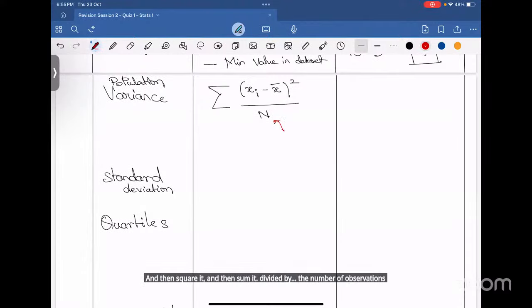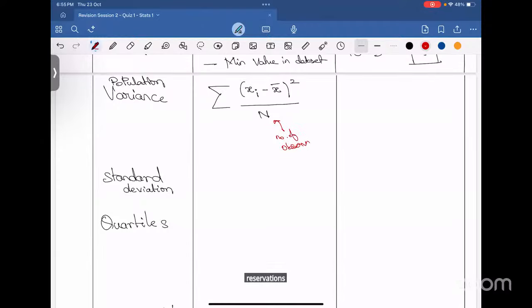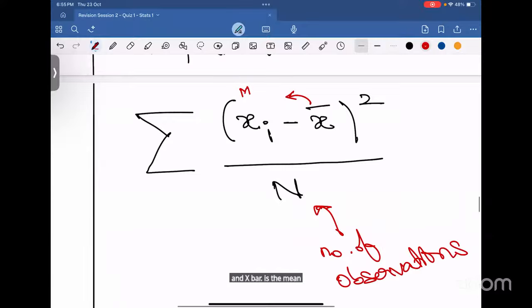So n is the number of observations, and x bar is the mean, and xi's are the data points.